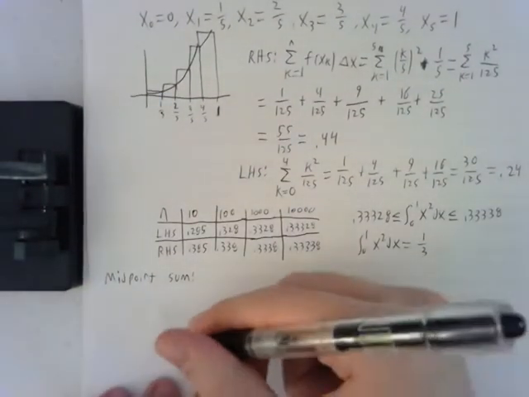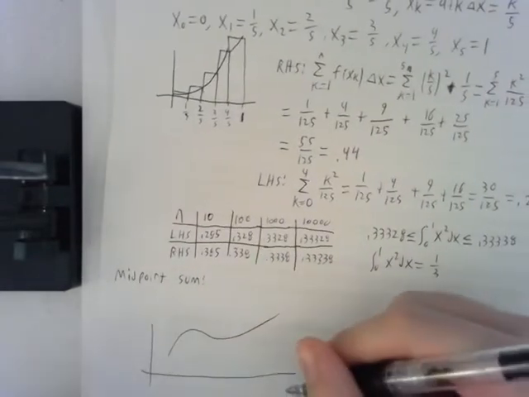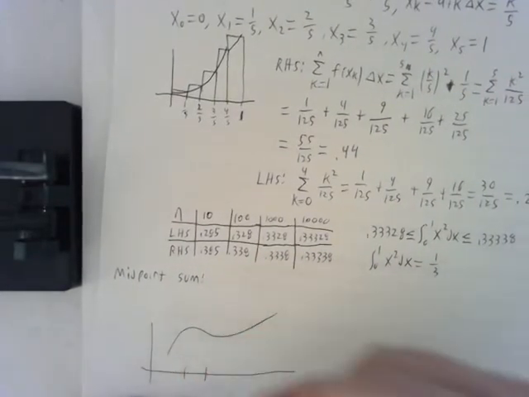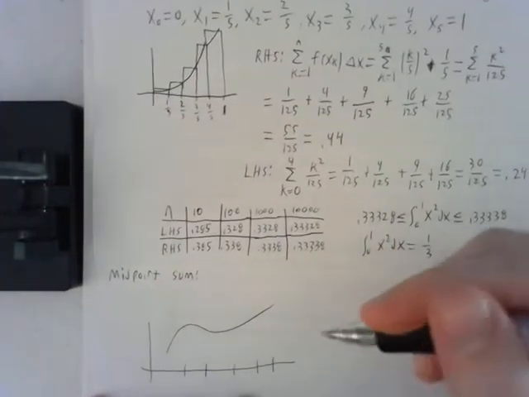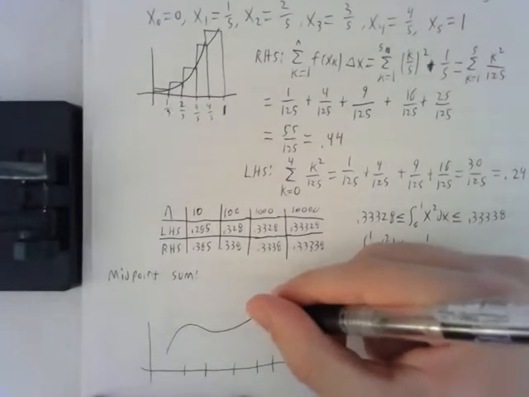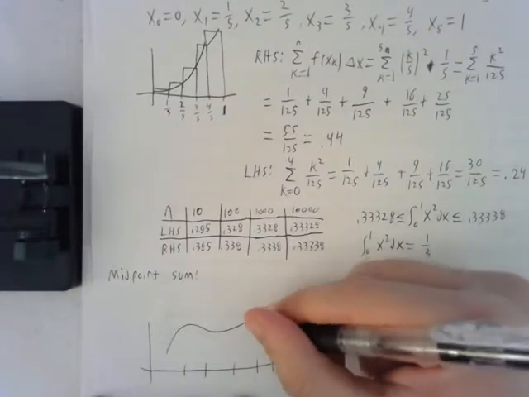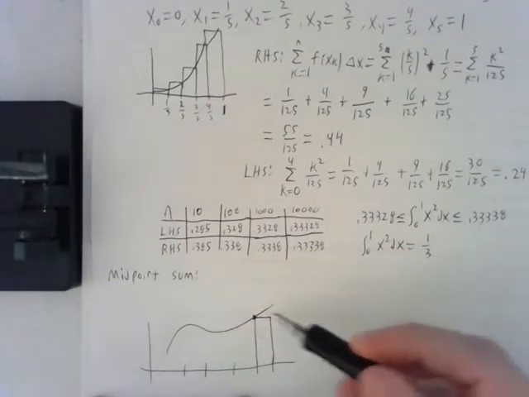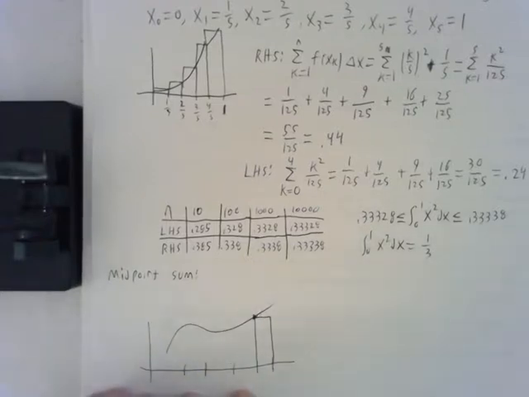When we divide up the x-axis into these subregions, if I pick, let's say, a point here and draw my rectangle, then this rectangle underestimates the actual area on this subinterval because there's all this region up here that gets left out.